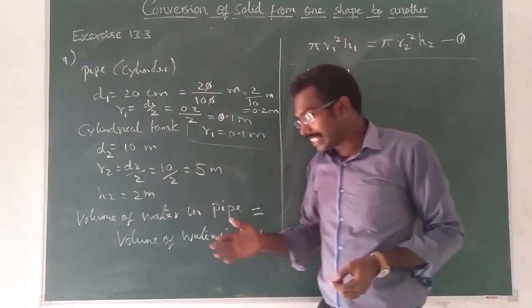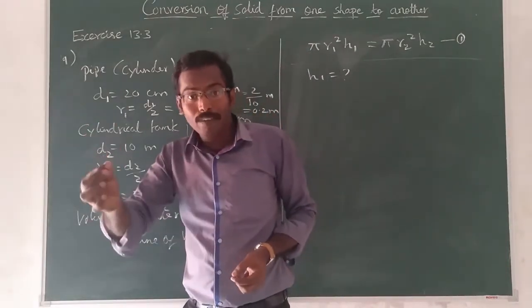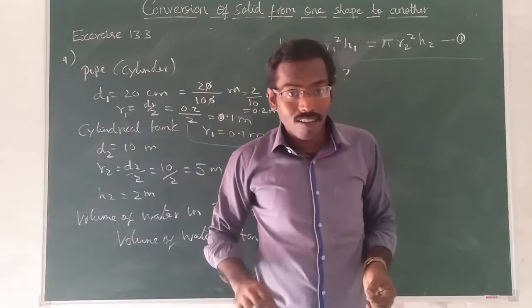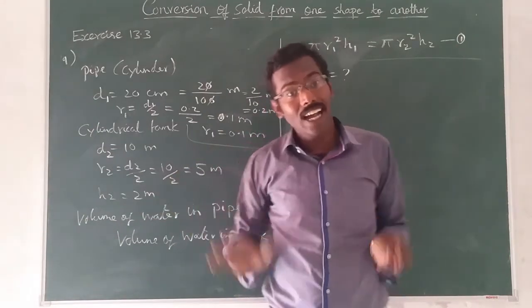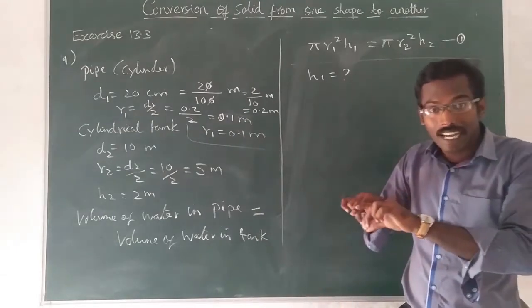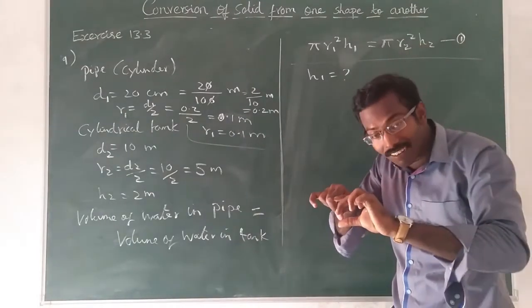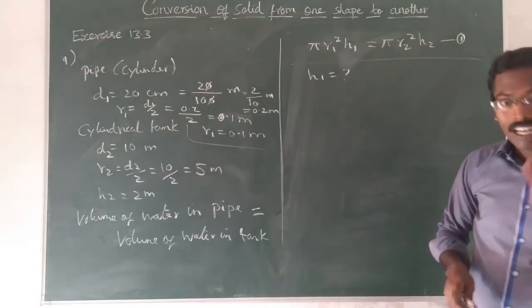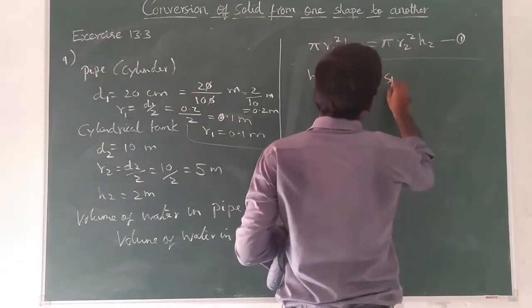Because volume of the pipe is nothing but the volume of the water flowing inside the pipe. Therefore height of the pipe is nothing but, in other words, the distance of the water flow. But in the question only one thing is given, speed is given.